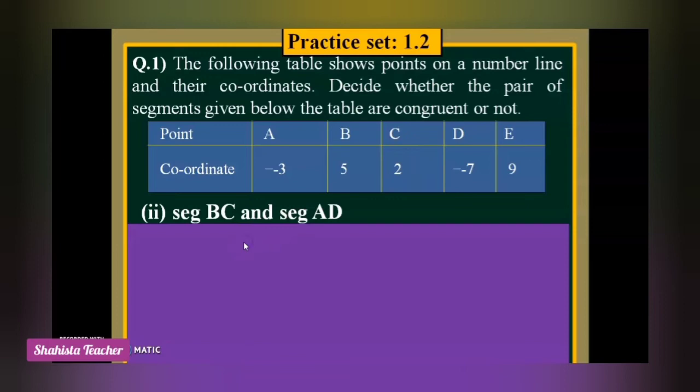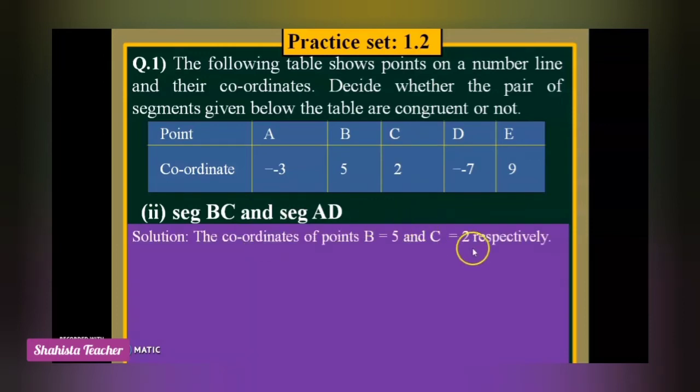As you know, 5 is greater than 2, because they both are positive numbers. So length of BC is equal to 5 minus 2. How much? 5 minus 2 is 3. So length of BC is equal to 3.